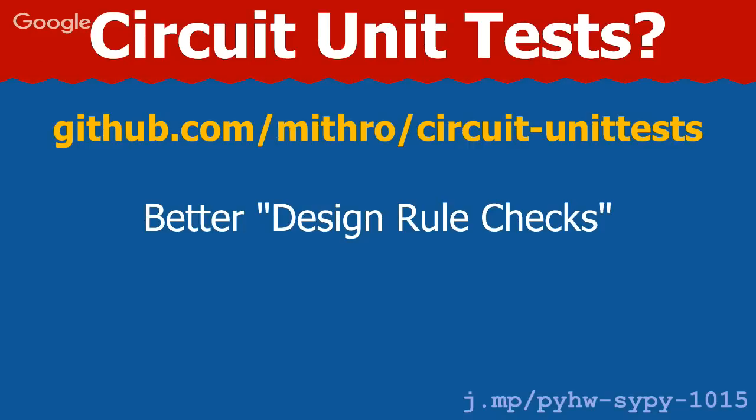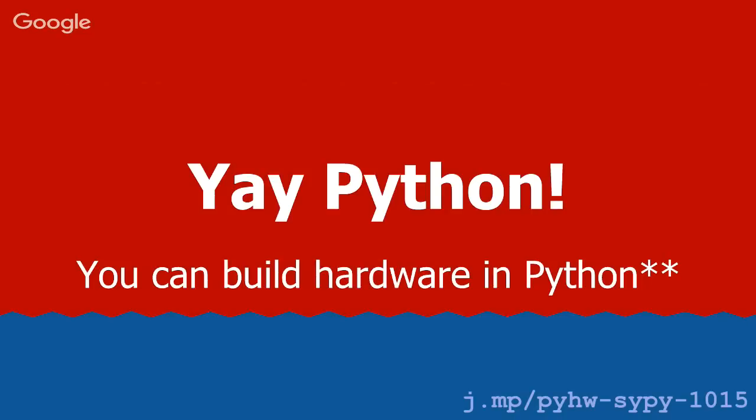And the tools don't let you express that information very well. So I've been working on these things called circuit unit tests, which is basically a tool you run over your schematic. You make changes, and then you run Python unit test, and it tells you whether or not you screwed up your schematic or your PCB. And it understands things at a much higher level than you normally would. So yay, Python is actually really great for helping build hardware.